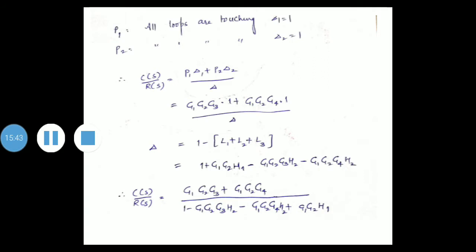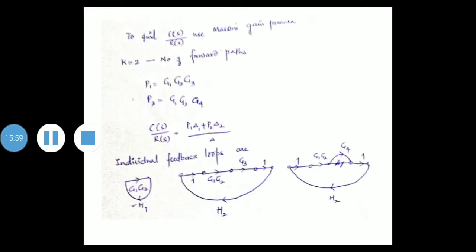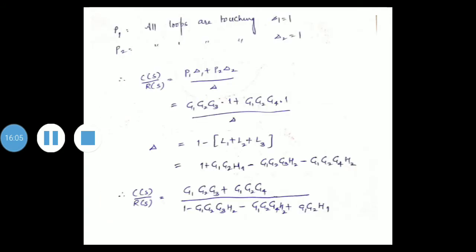Delta is 1 minus L1 plus L2 plus L3. So delta is 1 plus G2 G1 H1 minus G1 G2 G3 H2 minus G1 G2 G4 H2. Here it is, these are the three, L1, L2, L3.